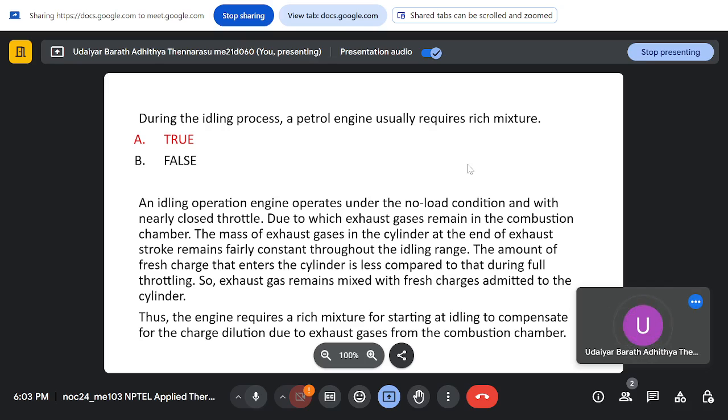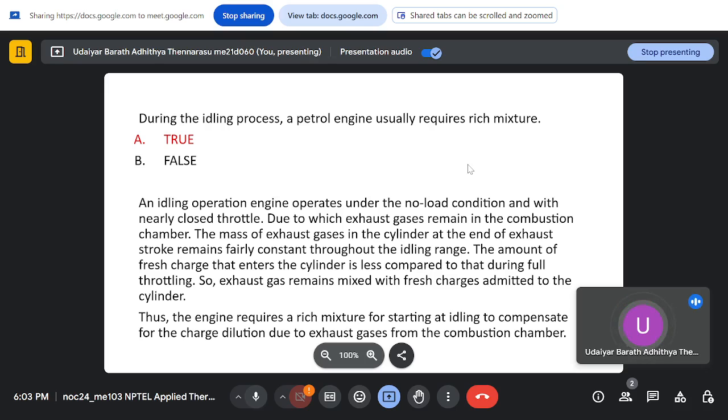Here you are not putting any load on the vehicle to move, and the inlet throttle will be at a nearly closed position, but open enough that the engine is running continuously.